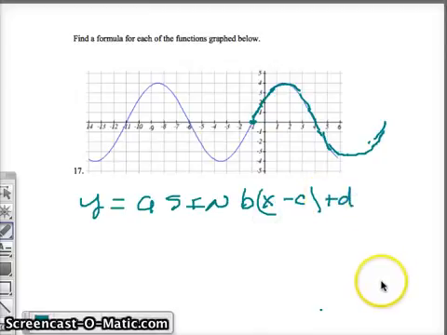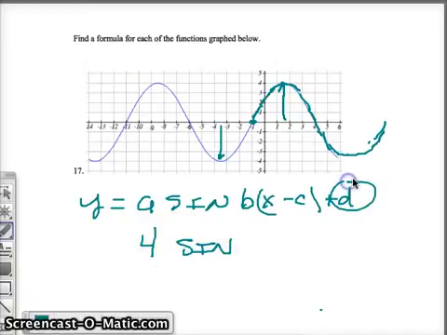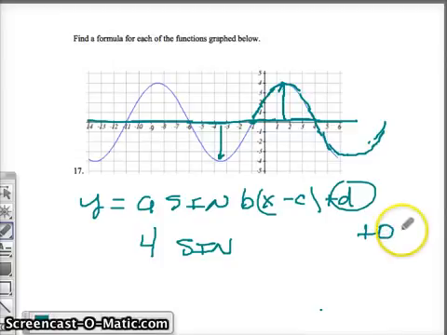Number one, I noticed that the amplitude goes up 4, down 4. It's 4. Now, let's go to the D over here. What is the midline? Well, the midline is what it normally is, which is the x-axis, so that's just 0. Plus 0 just leaves that off.